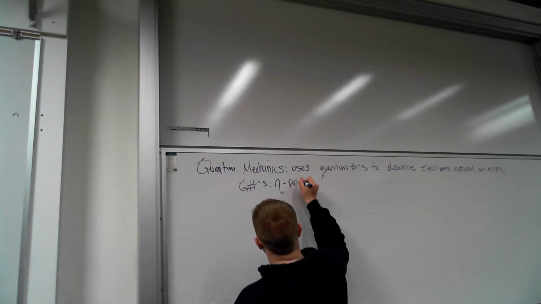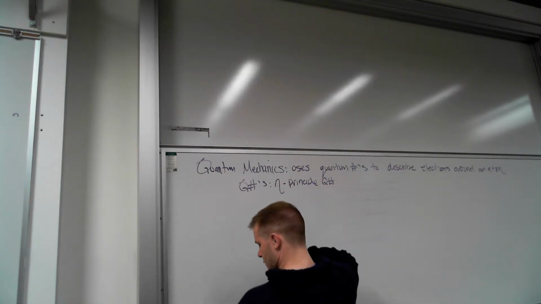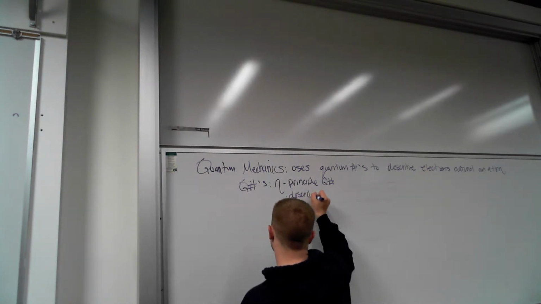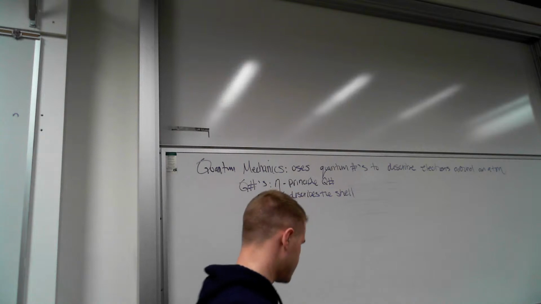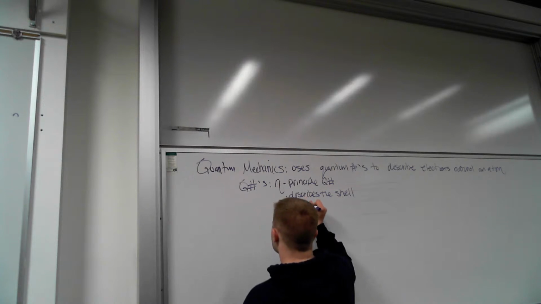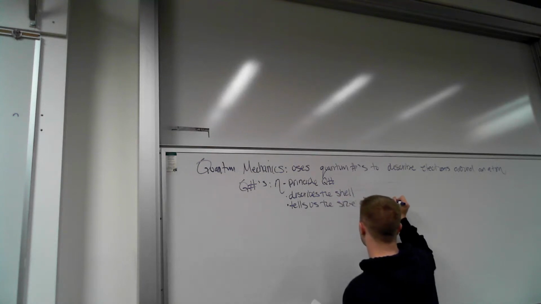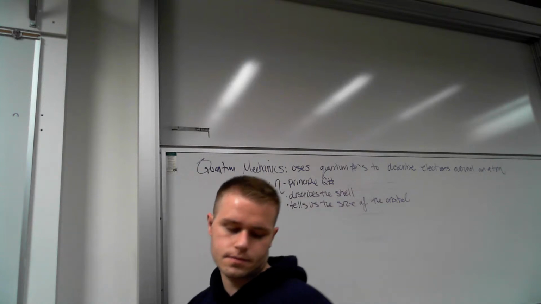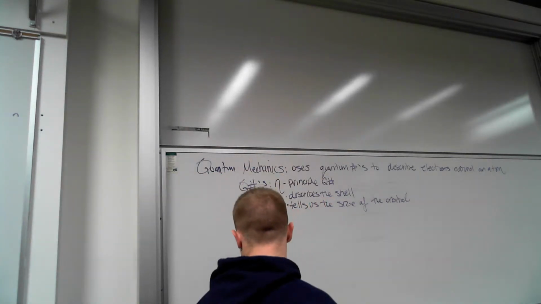Our n is our principal quantum number, and it describes the shell that an electron is in and tells us the size of the orbital. I'll talk about orbitals in a minute.